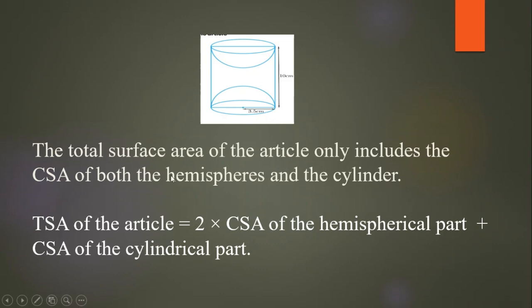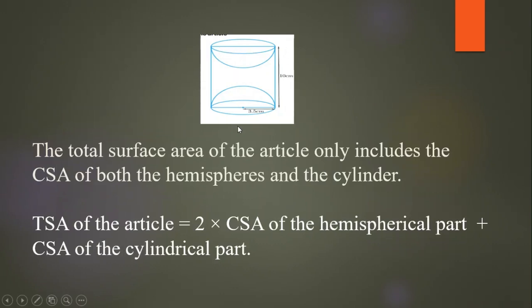Again, it is mentioned for your understanding. Total surface area of the article is equal to 2 into curved surface area of the hemispherical part, because we have two hemispherical parts here. Both sides, the same kind of hemispheres, are scooped out from the cylinder.